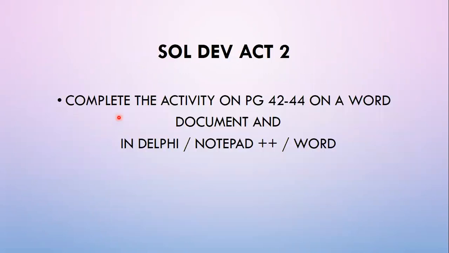Okay, so you needed to complete the activity on page 42 to 44 on a Word document or Delphi or Notepad++, any of those options. So if you don't have Delphi at this stage, open a Word document or Google Docs and simply just type your code in there, okay?